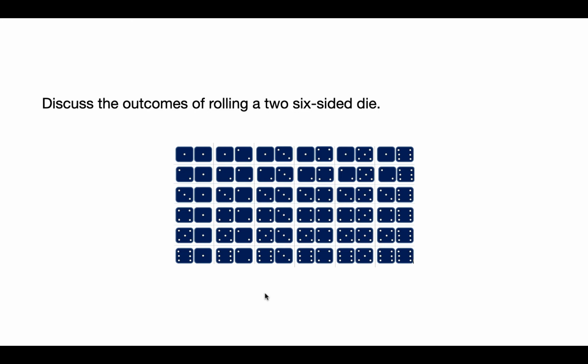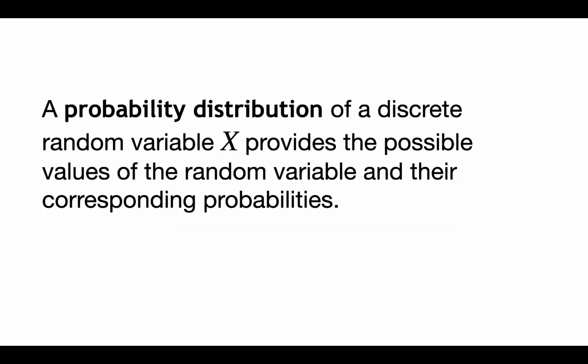All right, because these are integer values, or discrete, going back to this discrete versus continuous that we learned about a few chapters back, these are discrete 2 through 12 integer values. So let's note that a discrete probability distribution for a random variable is a listing, usually in a table, of all the possible values of the random variable along with their corresponding probabilities.